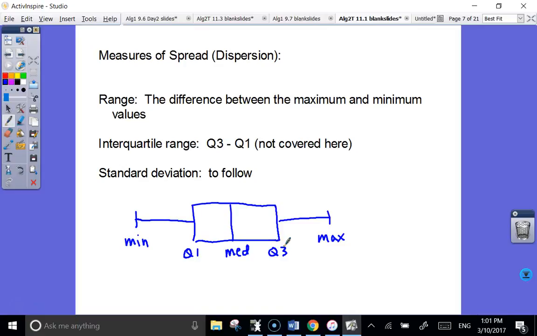It really wasn't representative of everything else. That's why, as a better measure of the dispersion or the spread, we like to use how wide the box is, right? That's like saying, what is the width of the middle 50%? And that's called interquartile range, or IQR, which is just Q3 minus Q1. IQR, interquartile range.